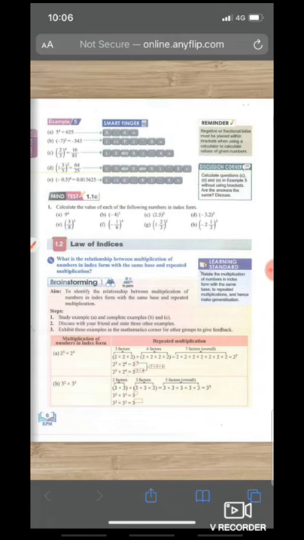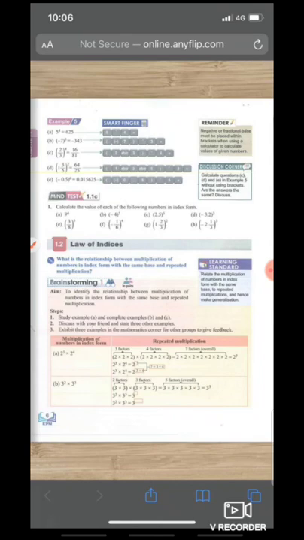So here, we look at example A. Multiplication of numbers in index form, repeated multiplication. A is 2 to the power of 3 times 2 to the power of 4. Let's see 2 to the power of 3.